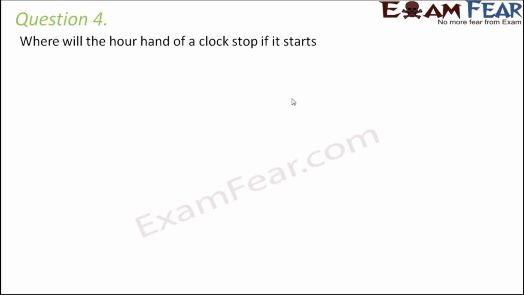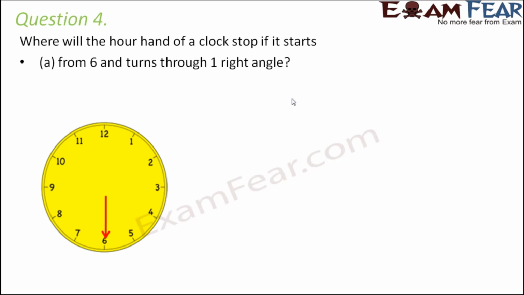Let's look at question number 4. Where will the hour hand of a clock stop if it starts from 6 and turns through one right angle? Okay, so the hour hand. Here we have just shown the hour hand of the clock to avoid any confusion. So this is your hour hand and it starts from 6. It turns through one right angle.